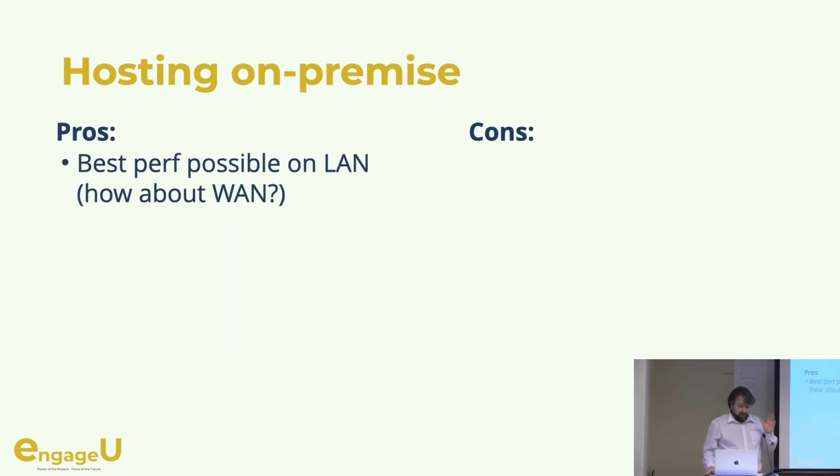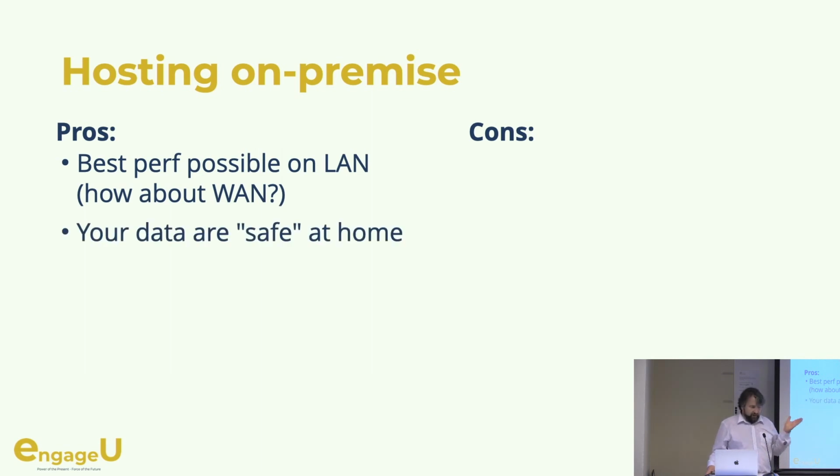The pros are, yes, you cannot beat performance in terms of latency from a LAN network. But then it becomes a disadvantage if you have users that have to connect from home or from other places, and this has become the generic use case, right? It's very rare that we are in situations where only local users are using the platform.